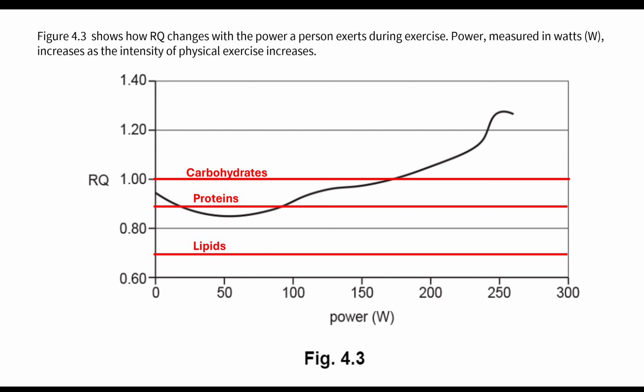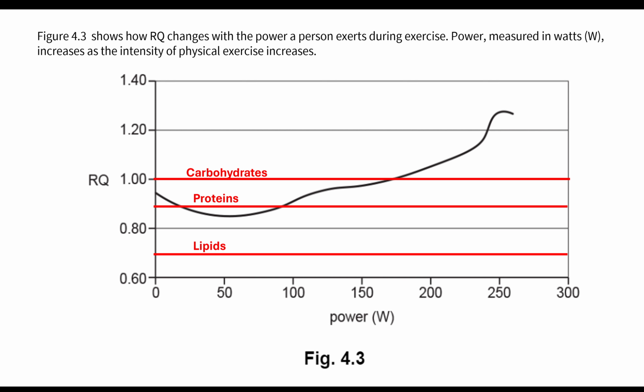We know carbohydrates are 1, proteins 0.9, lipids 0.7. You have to memorize that. Now it's about the interpretation. If it is closer to 1, then that organism is utilizing its carbohydrate stores. If it is at 0.9, it is proteins.